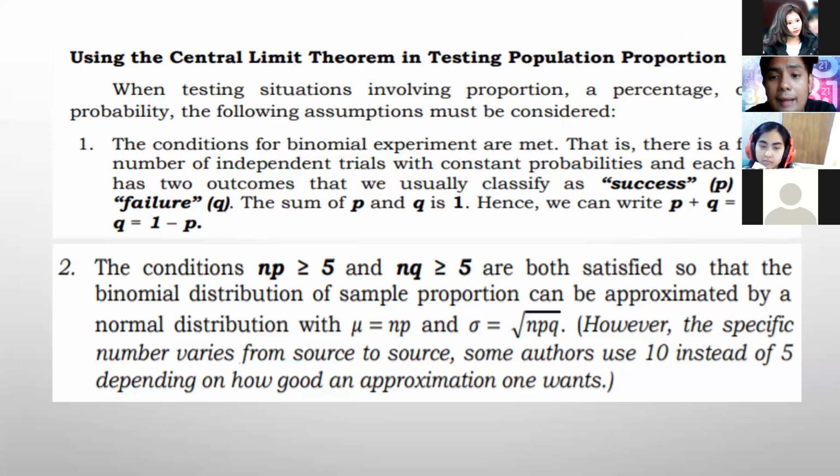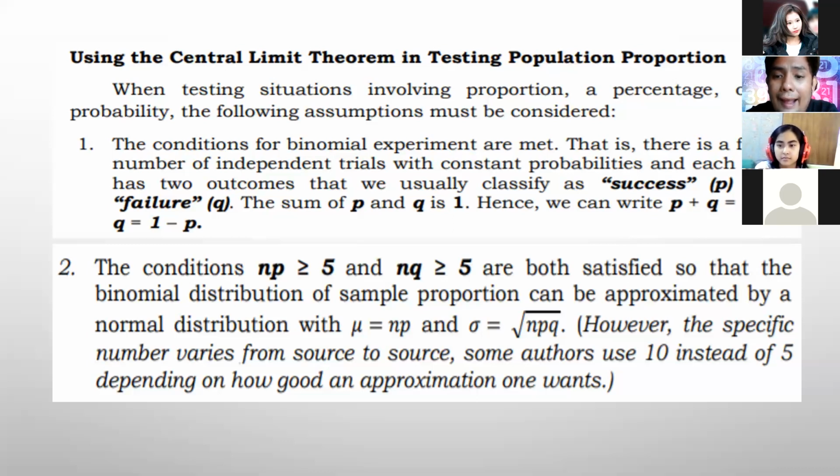Ang kailangan natin ay ma-meet natin ang tamang number ng sample. At paano natin malalaman kung na-meet na natin ang tamang number ng sample para masabi natin siya ay in a normal distribution na? Okay?